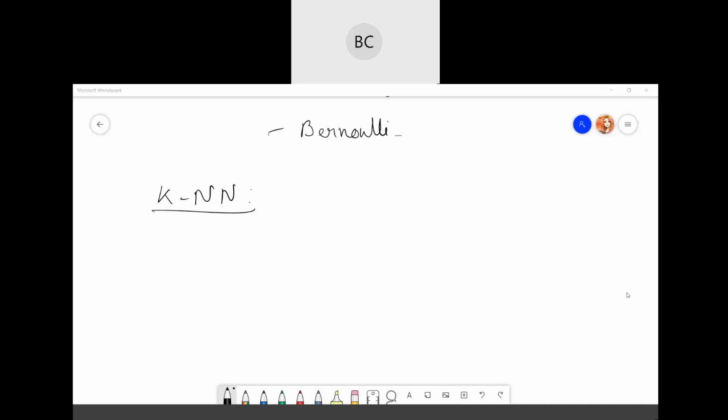So what is K here? Number of neighbors. It's not K-means clustering, it's KNN.